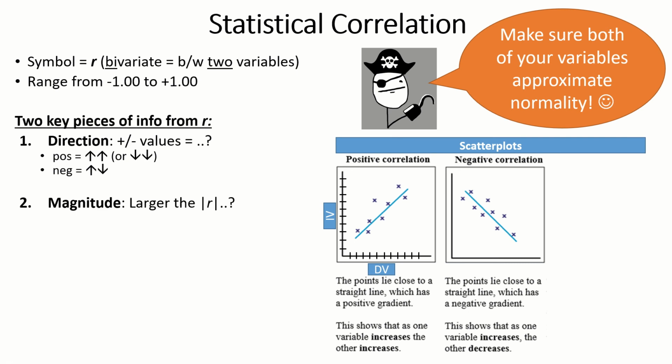So that's direction. So next, let's talk about magnitude. Magnitude has to do with the absolute value of the correlation, the R value. So we're disregarding the sign, regardless of whether it's positive or negative, right? As the R value gets larger, that's going to tell us how strong the relationship is between the two variables.